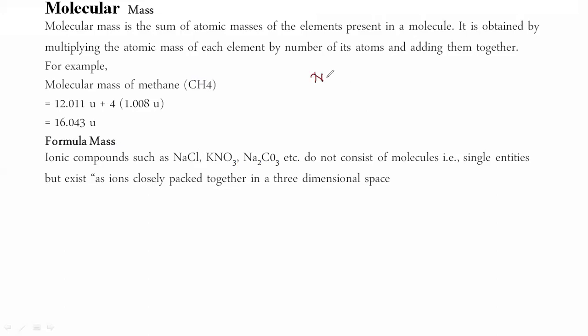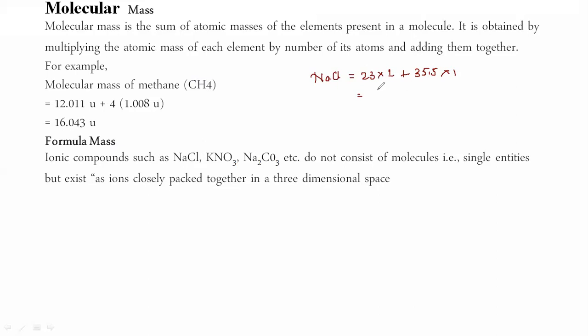NaCl. So they have given you NaCl. What is the formula mass of NaCl? Sodium is 23 into 1 atom of sodium, plus chlorine is 35.5 into 1 chlorine. So what do we get?